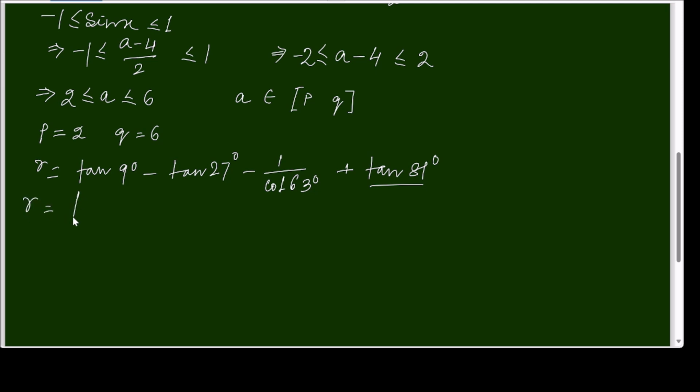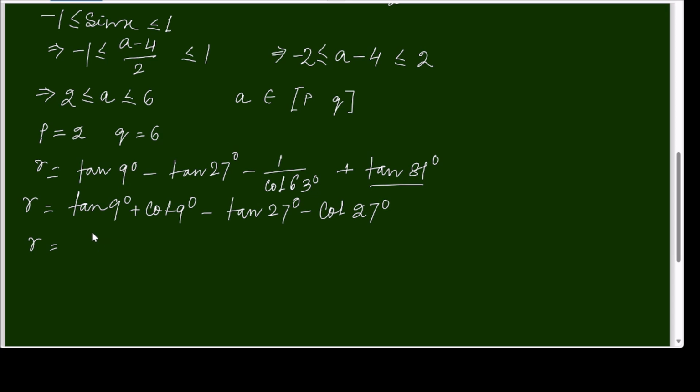So R equals tan 9 degree plus cot 9 degree, and tan 27 degree plus tan 63 degree, and tan 63 degree is the same as cot 27 degree.